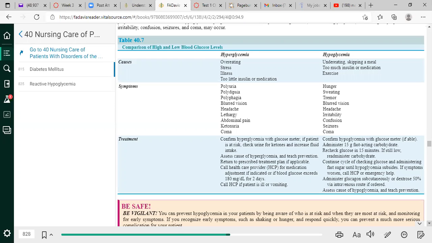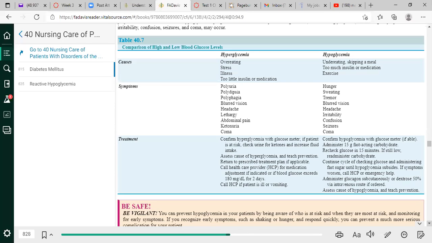That will be a complex sugar to help maintain their blood sugar. The orange juice is going to raise their blood sugar up fast. That complex sugar is going to help to stabilize their blood sugar. And even after you do that, you need to recheck their blood glucose in 15 minutes and re-administer a carb if it's still low.